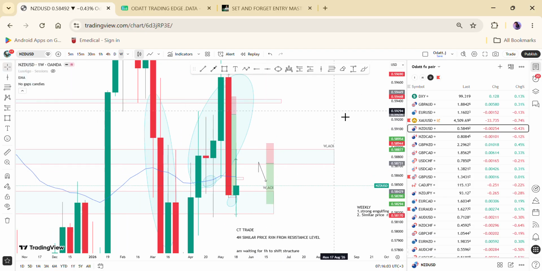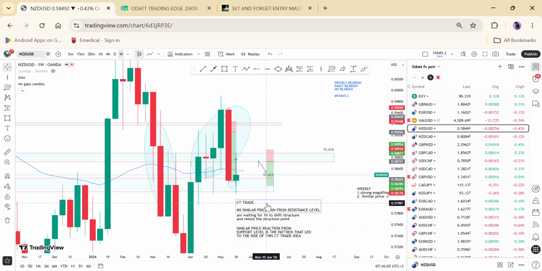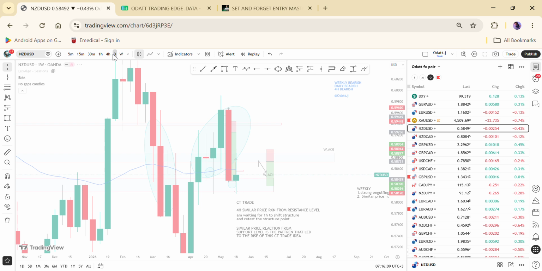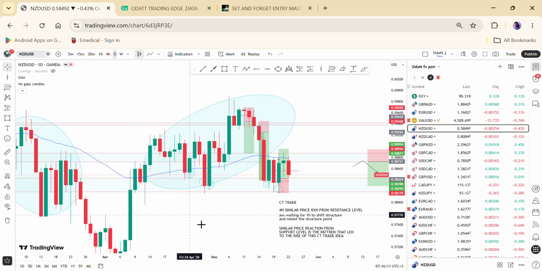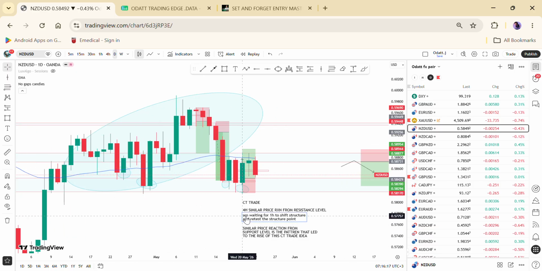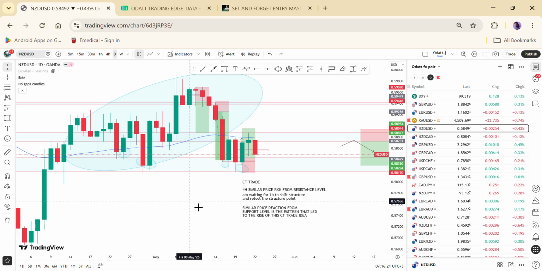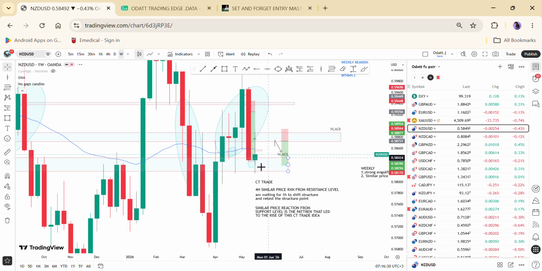So in NZD USD, we are looking for sell opportunity. We are looking for the sell opportunity to the upside, but because daily we are bearish, and weekly we are totally bearish.